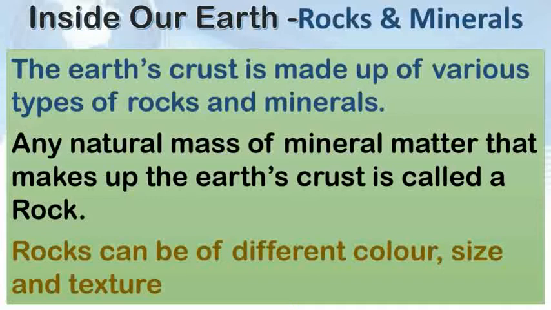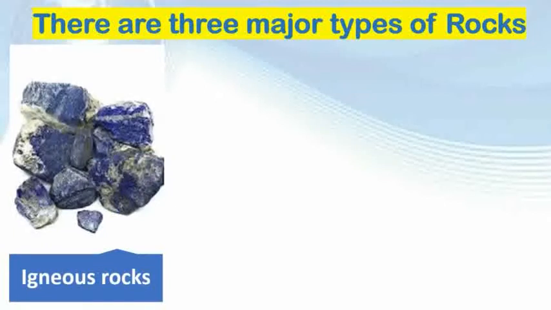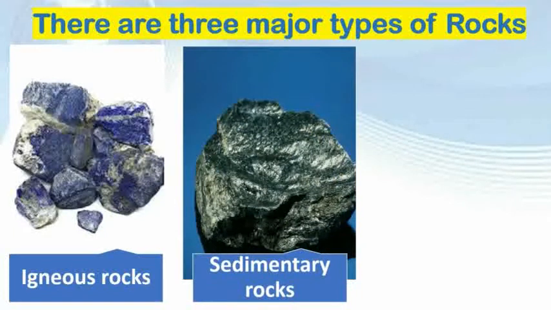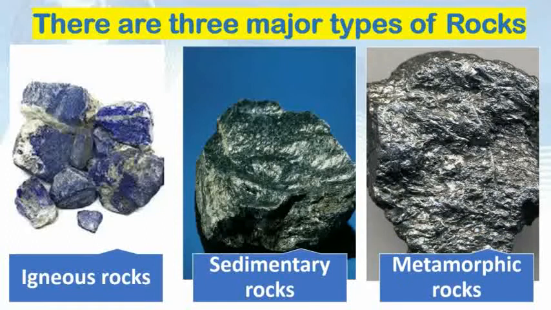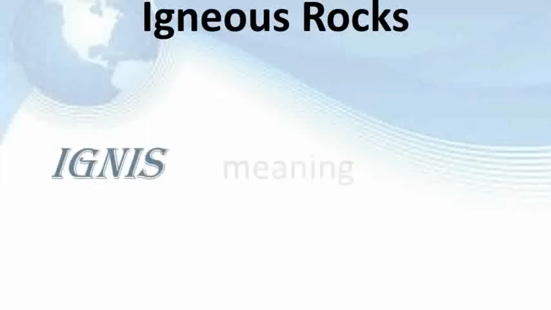There are mainly three major types of rocks, that is, igneous rocks, sedimentary rocks, and metamorphic rocks. The first one, igneous rocks. The term igneous is derived from the Latin word ignis, which means fire.